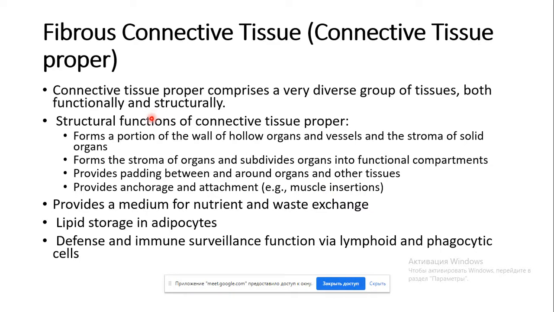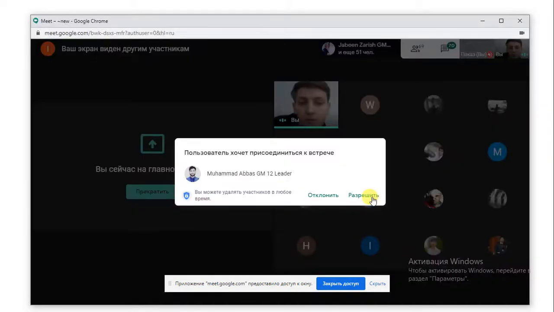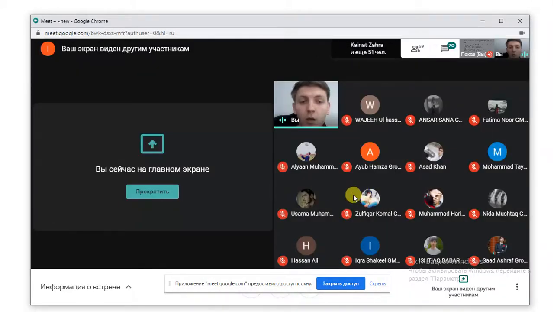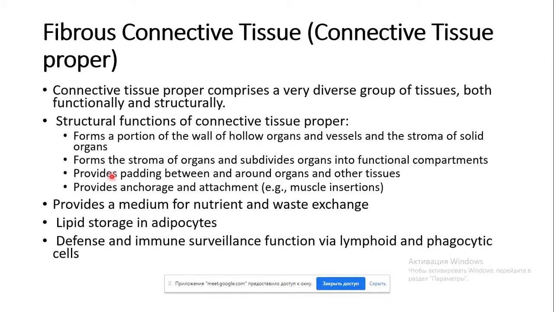Their function is support. They provide the media between cells. They're like servant cells. They serve other organs to facilitate their function. They're padding between and around organs and other tissues. They provide anchorage and attachment of muscles, form the stroma of organs, and form a portion of the wall of hollow organs.